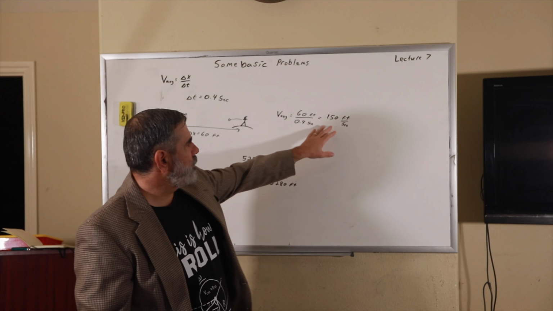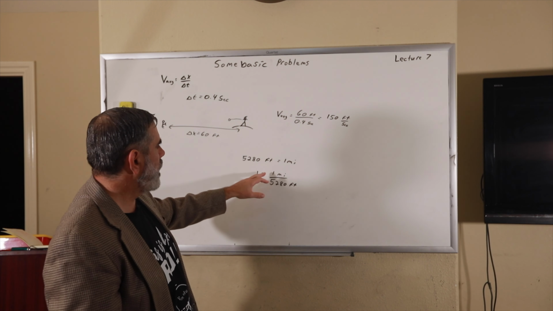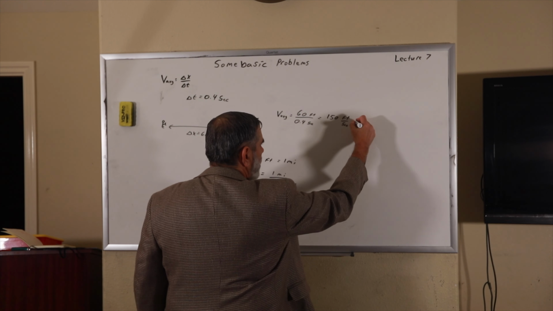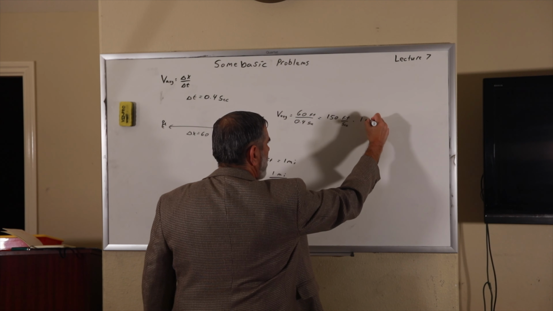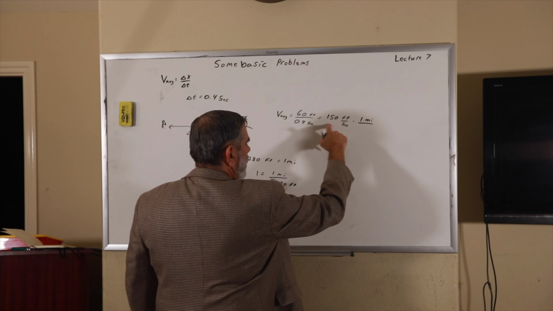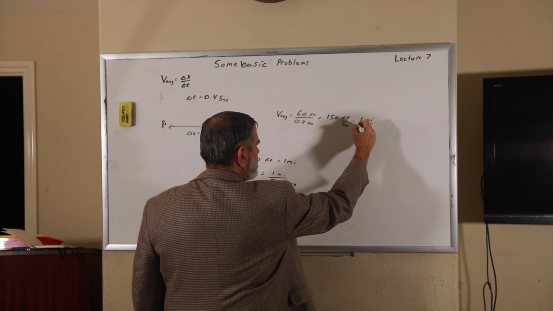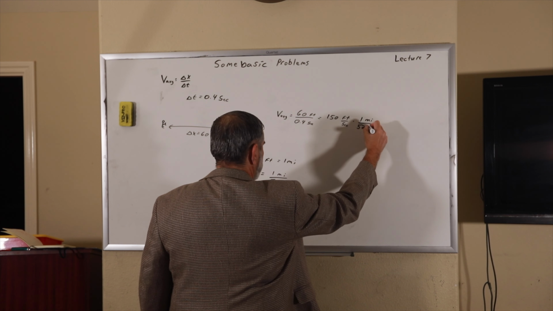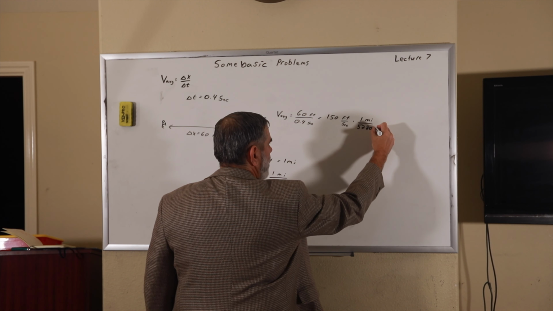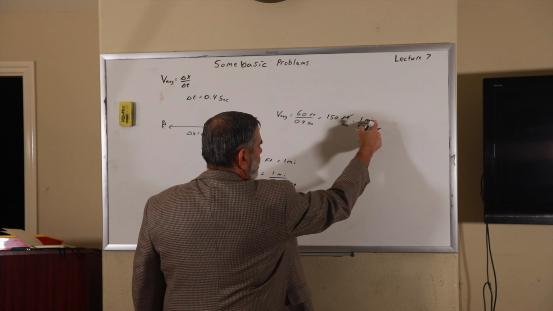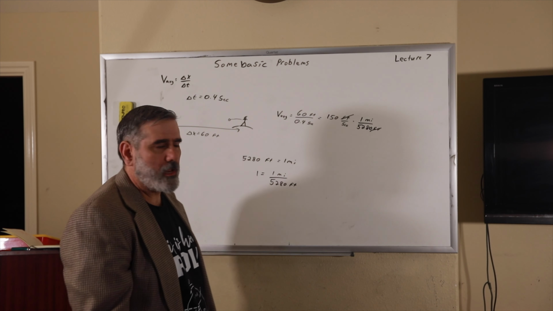So if I multiply 150 feet per second times 1 mile per 5,280 feet, which is just 1, this will give me this rate in miles per second. We don't expect it to be very many miles per second. Notice the feet will cancel, and we'll be left with miles in the numerator and seconds in the denominator.